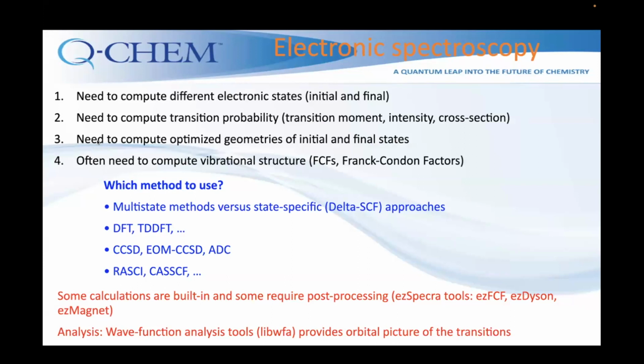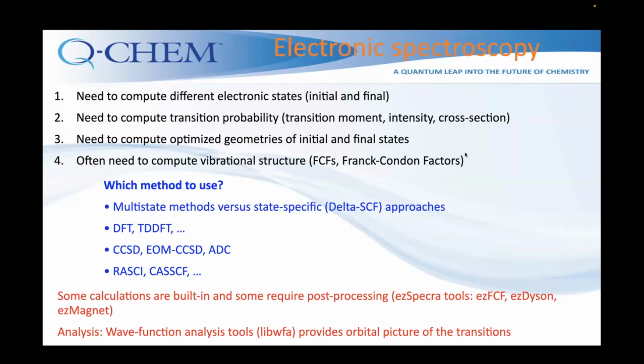What else? Well, you need to decide how you deal with geometry changes. Often you need to compute optimized geometries of initial and final states, and often for proper comparison, you really want to compute vibrational structures with Franck-Condon factors. So what methods do you use?